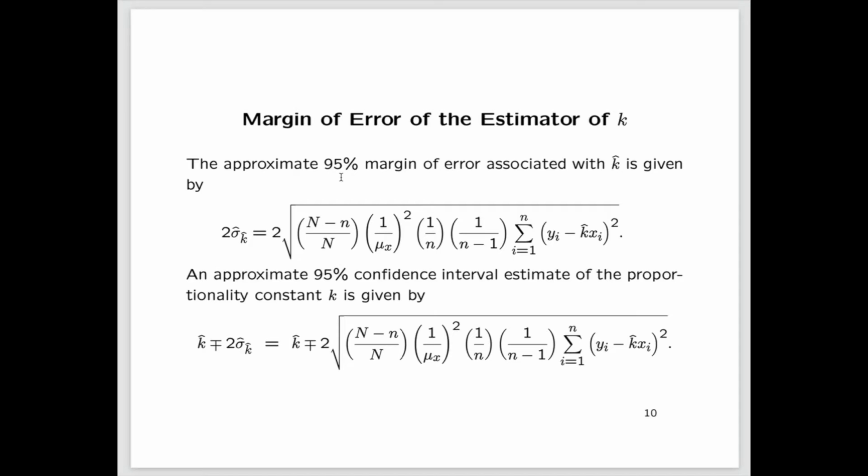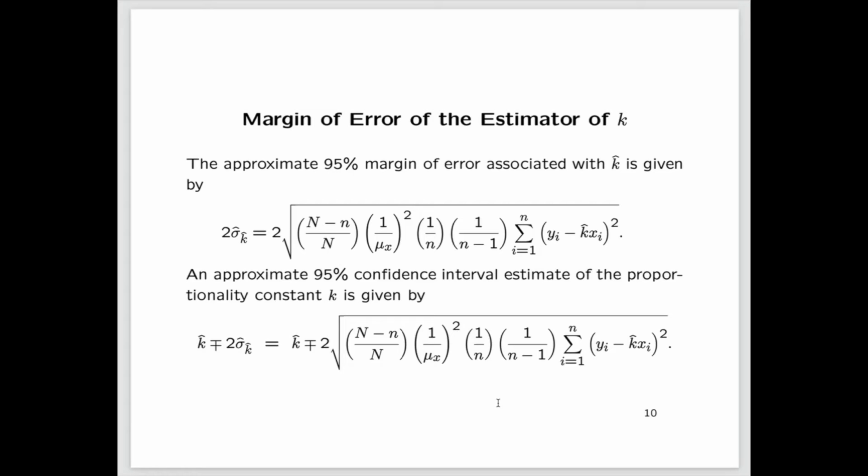Okay, so once we have the estimated approximate 95% margin of error associated with k hat, then we can calculate the approximate 95% confidence interval estimate of k by taking our point estimate of k, which is k hat, and subtracting off the estimated approximate 95% margin of error to get the lower end point, and then adding that same margin of error to get the upper end point.